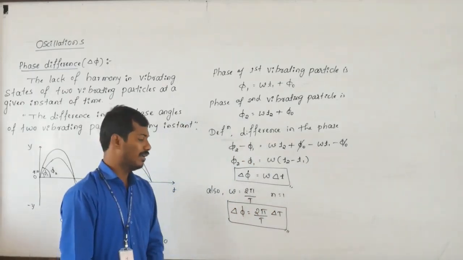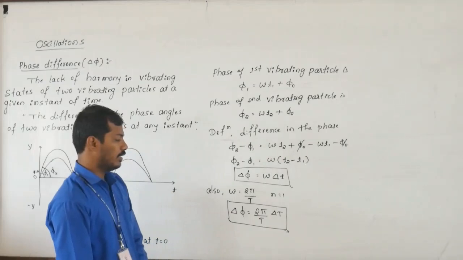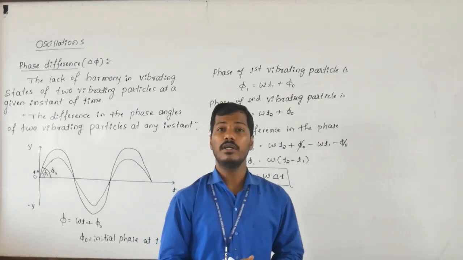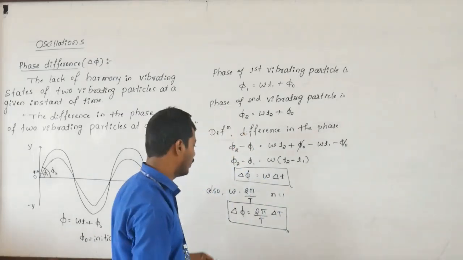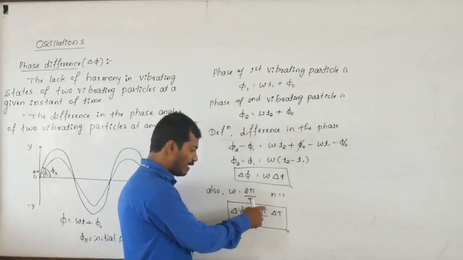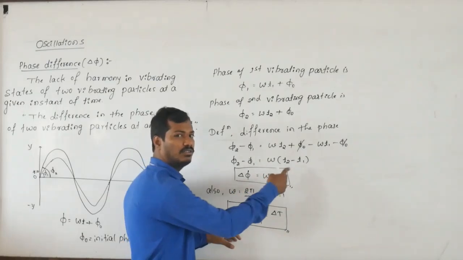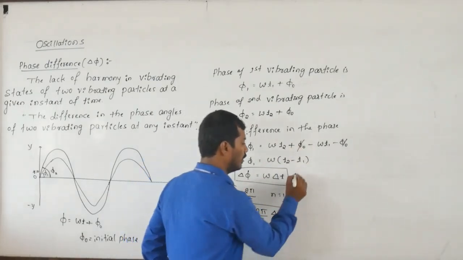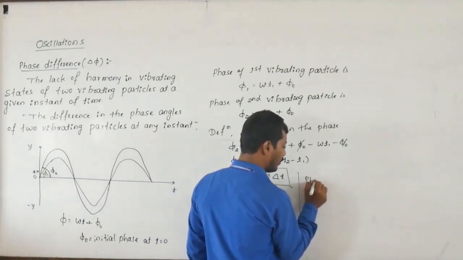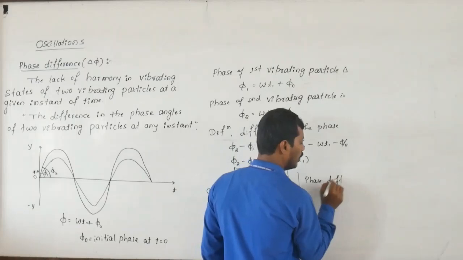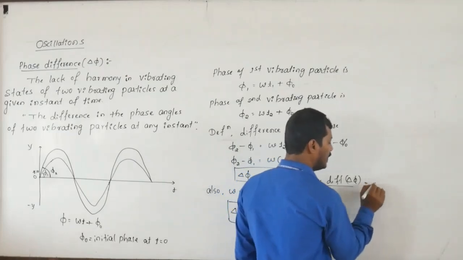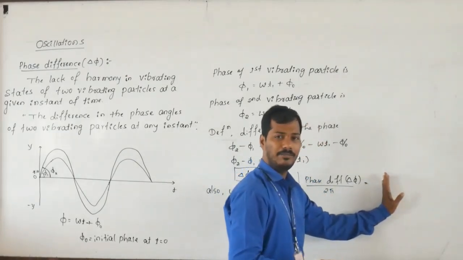I already wrote one formula for calculating the path difference, phase difference, and time difference. Here, the phase difference divided by 2 pi equals the time difference. The phase difference delta phi divided by 2 pi equals the path difference.